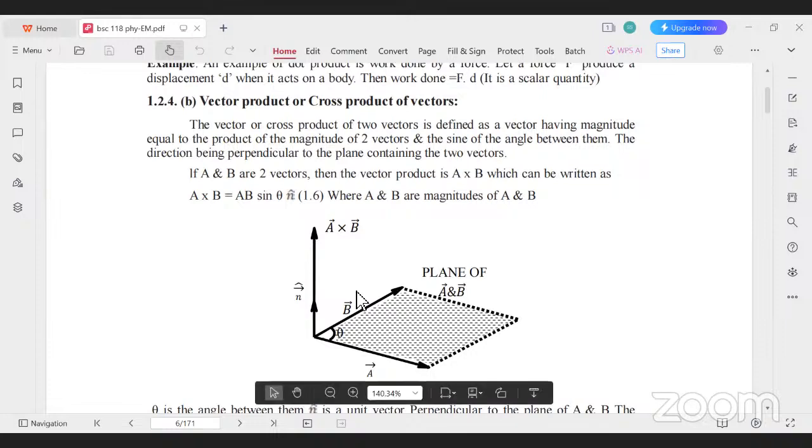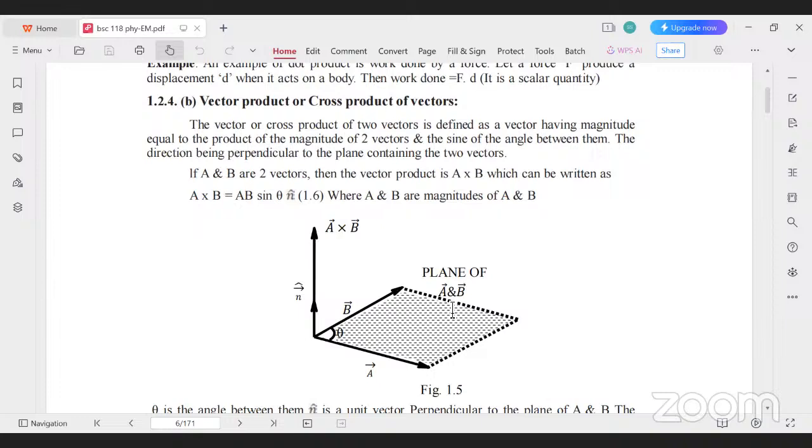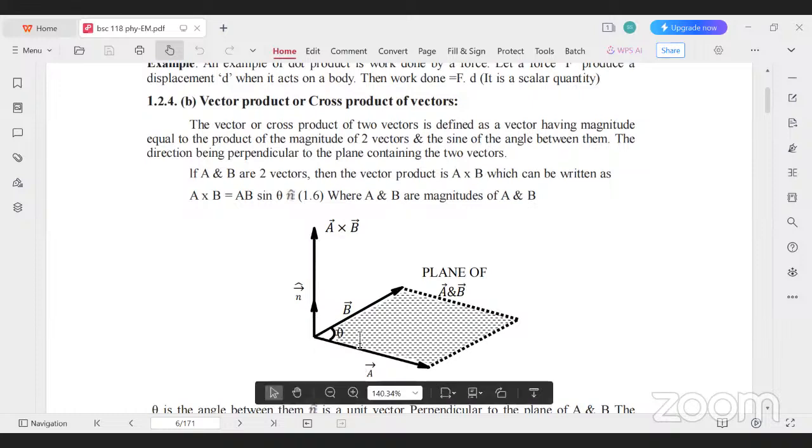See here I have taken A bar and B bar. The bar means you have both magnitude as well as direction. If I draw this, the direction can be this way or this way also, right?